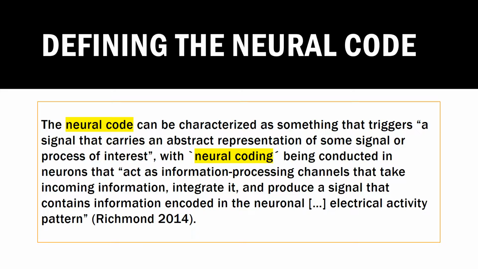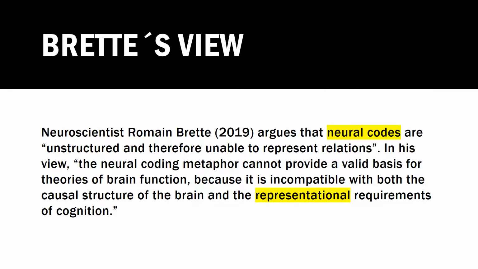So in this view, neural codes and neural coding is related to encoding and decoding of signals. And there's a lot of semiotic terms here. So of course, one way to relate to this is to say that this is obviously semiotic. But as I said, there's considerable disagreement about how this can be understood.